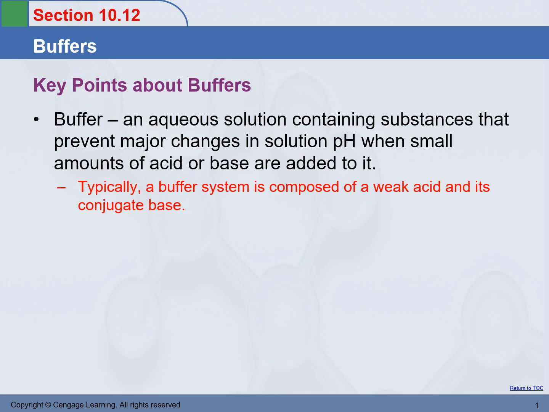So remember, a buffer system has a weak acid and its conjugate base in the solution. In this class, you are required to know this, and they will give you certain mixtures inside the solution, and they will ask you if this mixture will make the solution a buffer or not.